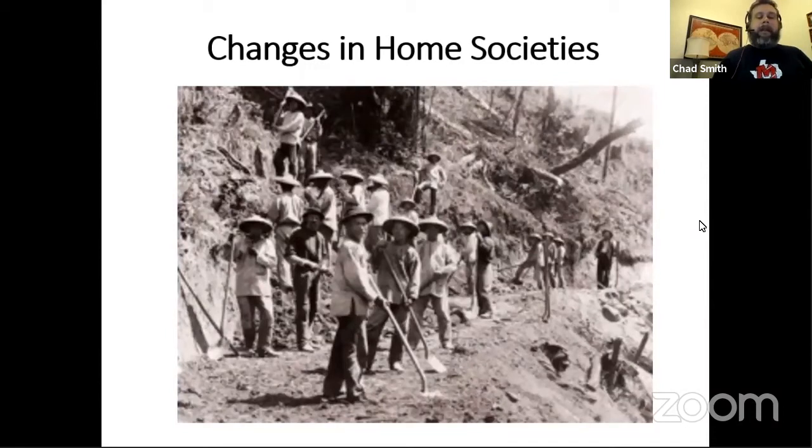And what that meant was that there were demographic changes in societies back home. Oftentimes, those demographic changes meant that there were new responsibilities and roles for women in society. And as men were leaving, women were able to step into those new roles and responsibilities.